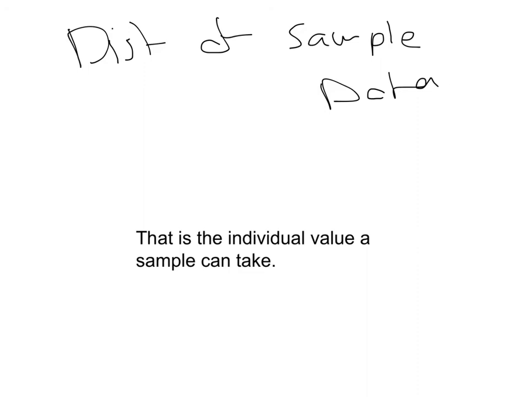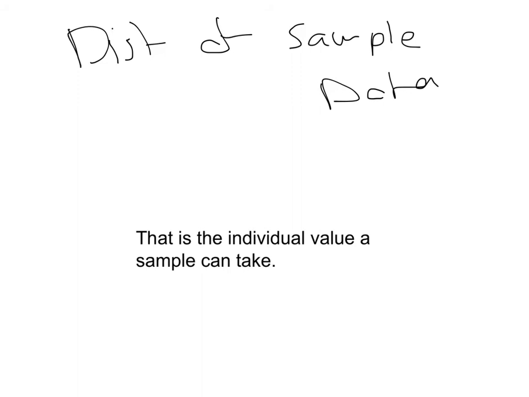Again, a sampling distribution represents all of the possible values a sample can have. So that is the all-inclusive, giant umbrella. A population distribution is all the individual values a population can take, and the distribution of sample data is the actual individual value a sample is taking.